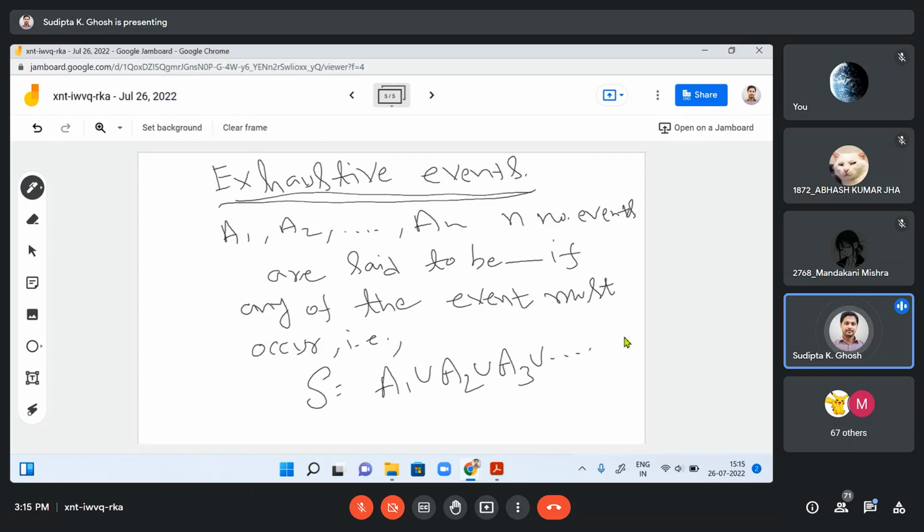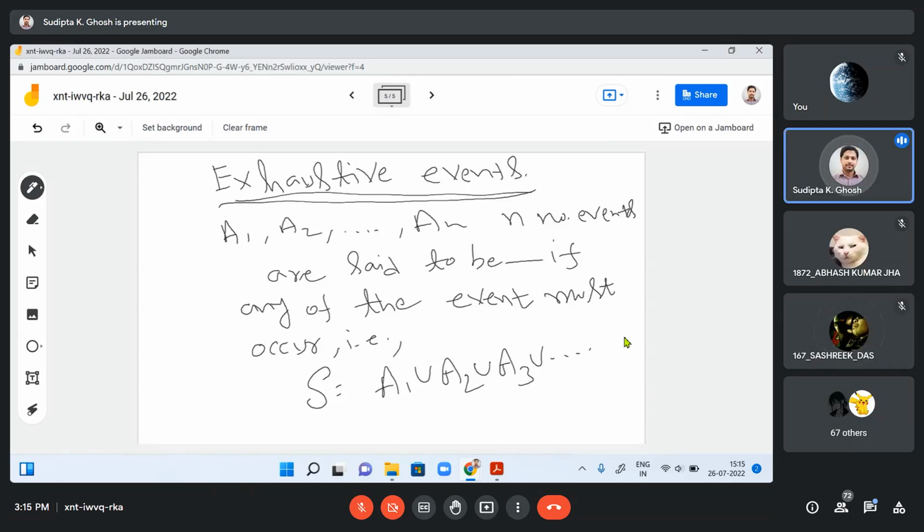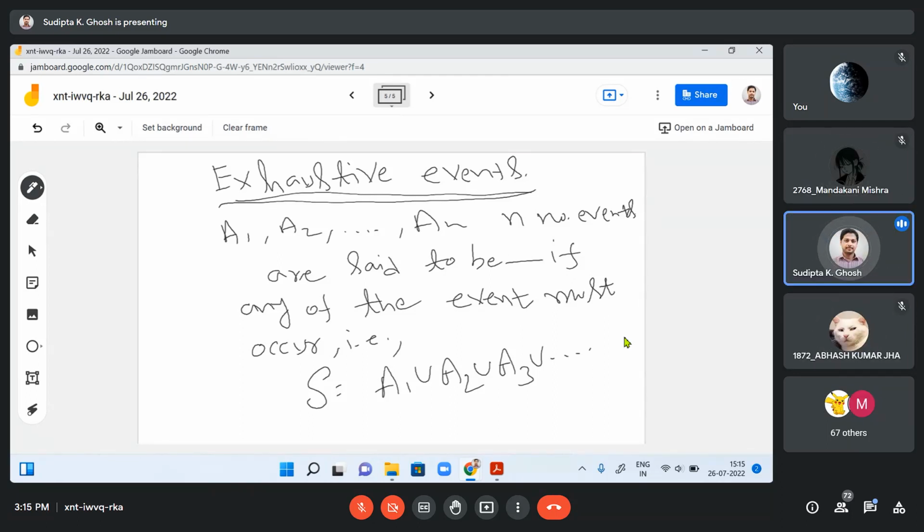So if I perform some observation, then either A1 will happen or A2 will happen or A3 will happen or AN will happen, like this. Therefore I can write S is equal to A1 union A2 union A3 like this.